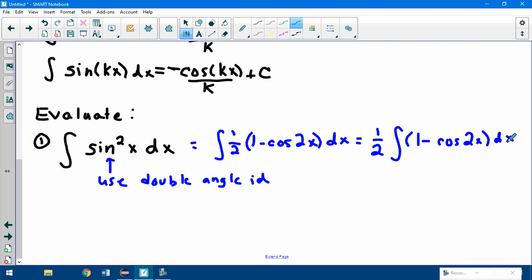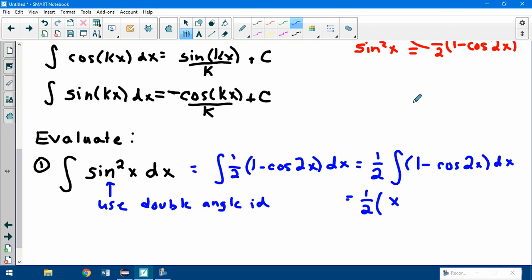And now this isn't hard to take the integral of at all. We've got the 1/2 out front. The derivative of what gives you 1, x. And then derivative of what gives you cosine, sine. So it'd just be minus sine of 2x over 2 plus c.